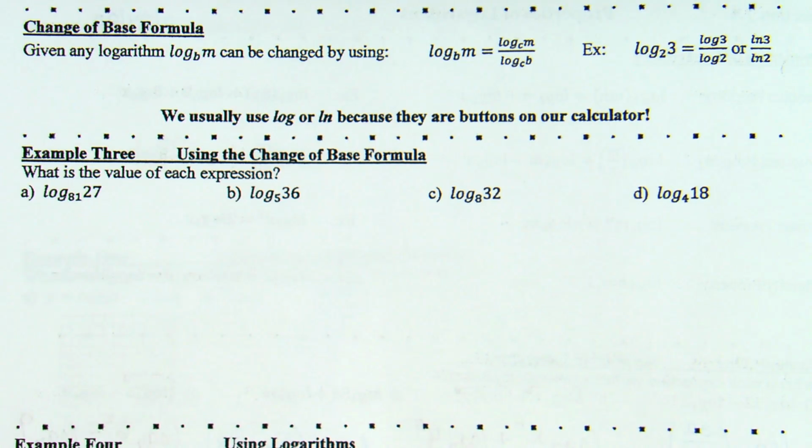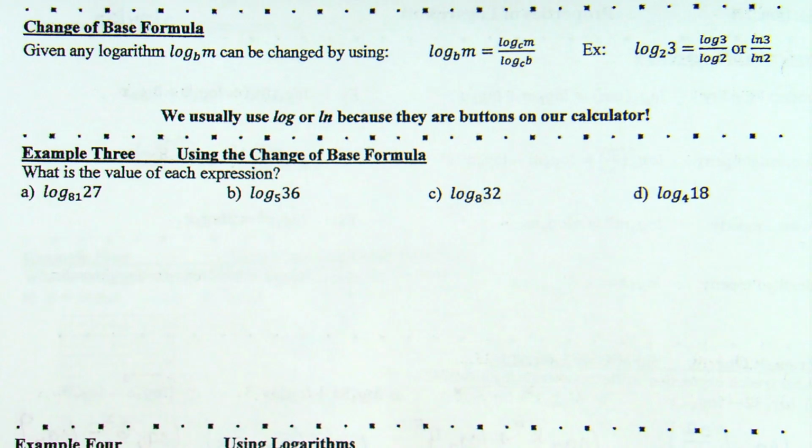What base does my calculator do? Log base 10. So the advantage of change of base formula is you can change it so they're in base 10, and then we can use the calculator. Okay, so it's basically taking log of the inside divided by log of the base. So log of m divided by log of b. That c could be whatever base you want.